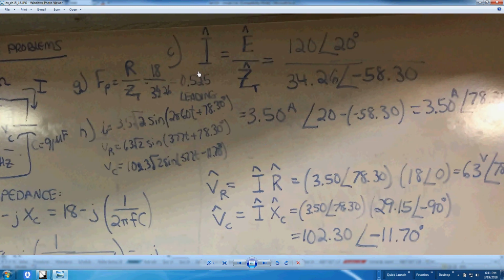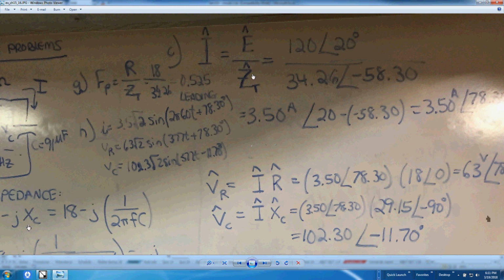So, part C asks for the current I through the circuit. The current is going to be just like you did it before. Ohm's law. I equals E divided by the total impedance. E is 120 angle 20.